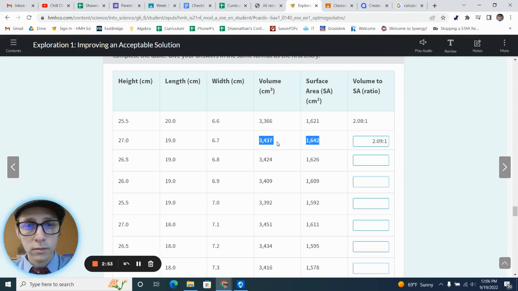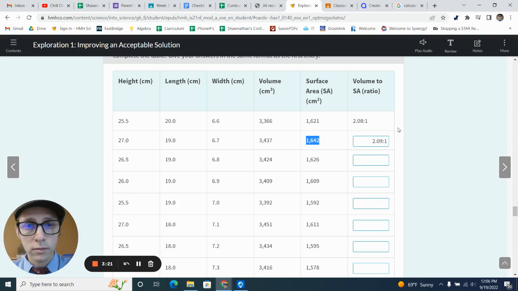So 3,437 divided by 1,642 is the exact same thing as saying 3,437 over 1,642. The ratio can be written this way, but it can also be written as 2.09 over 1, okay?